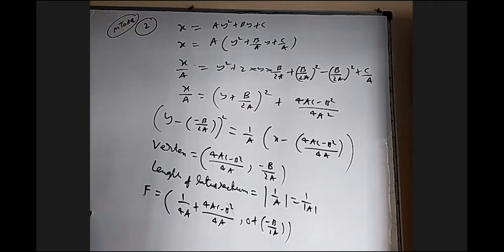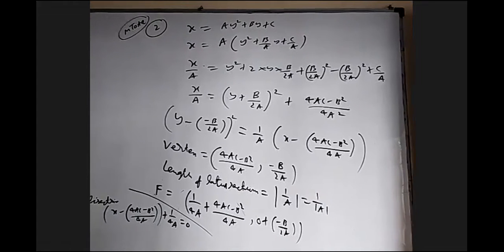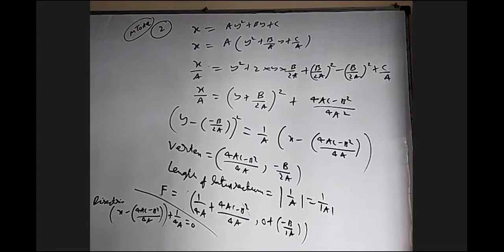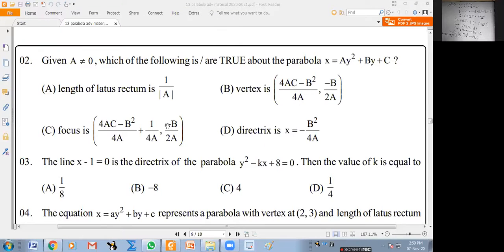So directrix: x minus (4ac minus b square by 4a), x minus h plus a, a is 1 by 4a, so plus 1 by 4a equal to 0. I think directrix is wrong.